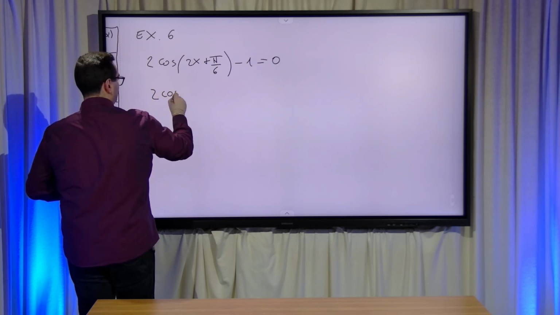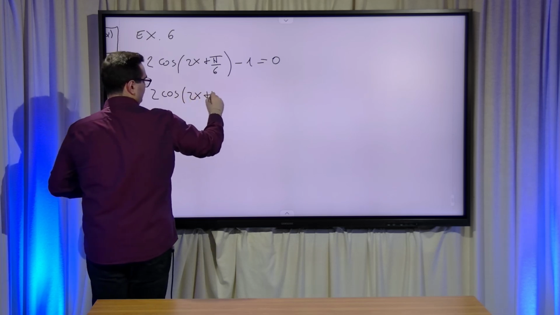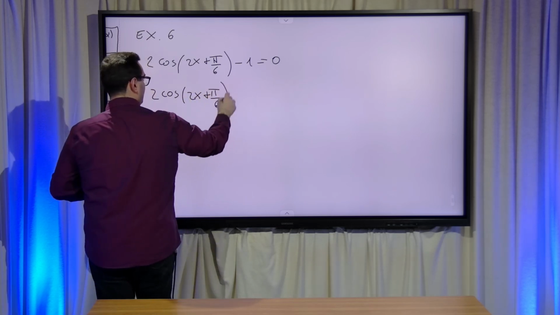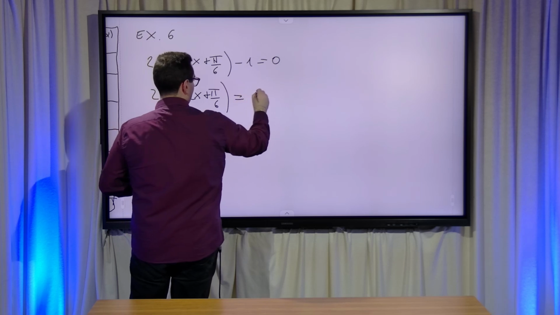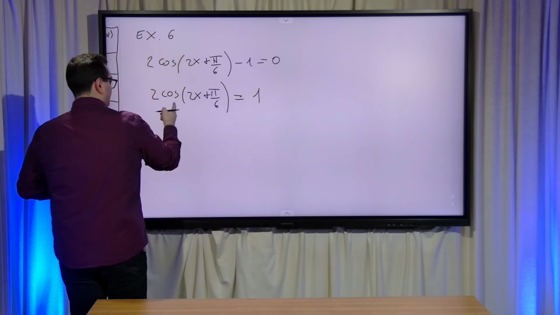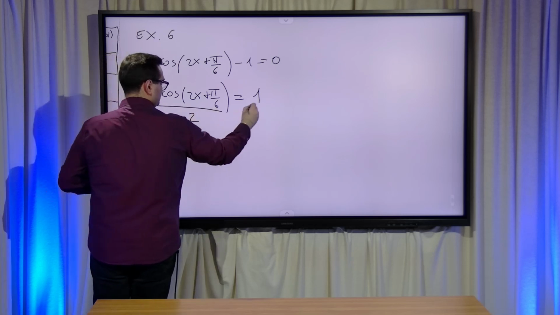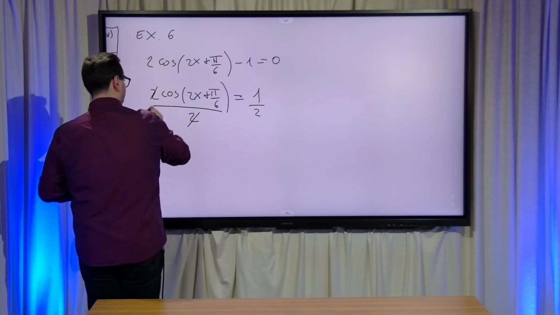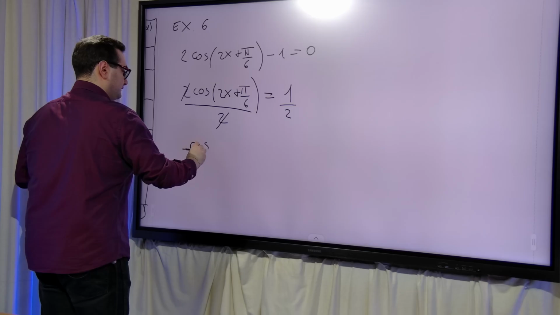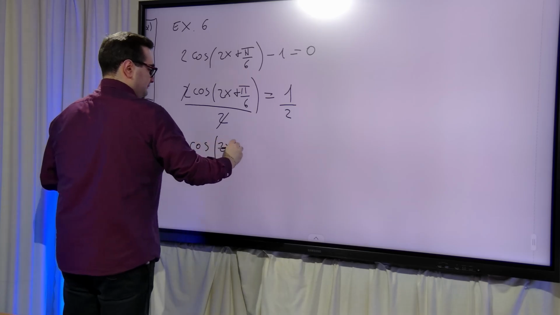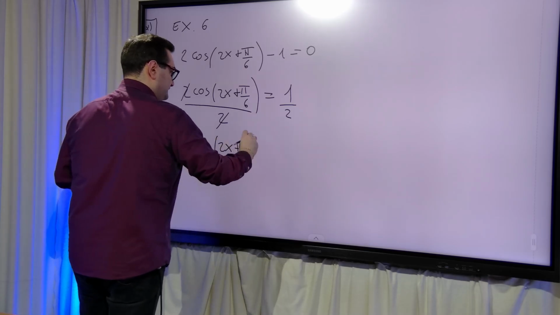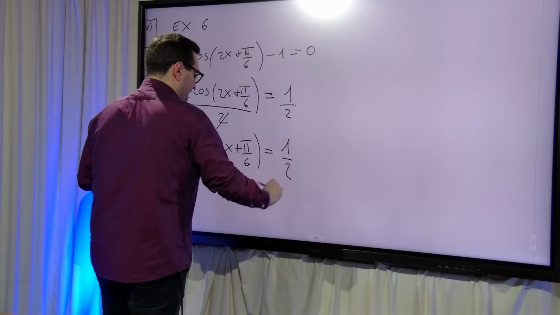So 2 cosine, I can bring the 1 to the second member. Here I can divide by 2. So I have that cosine of 2x plus pi over 6 is equal to 1/2.